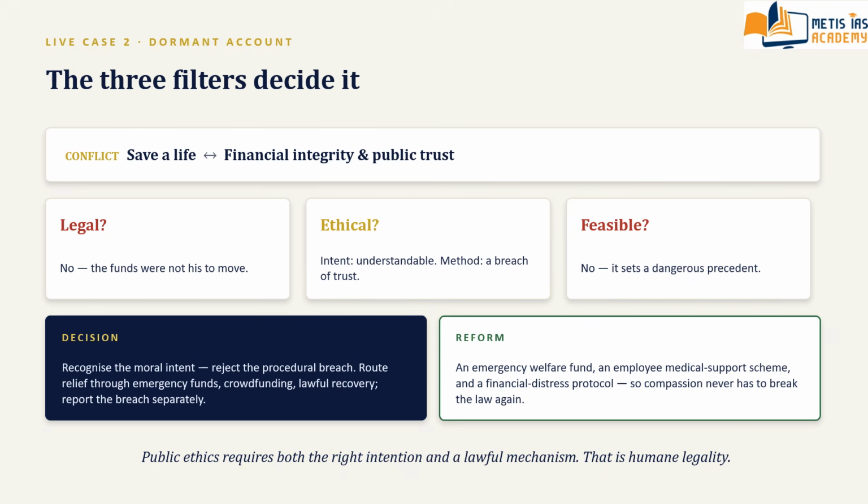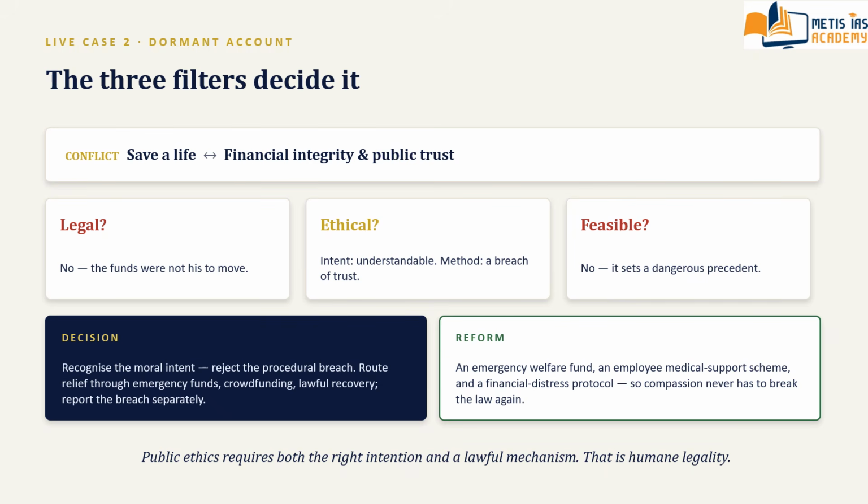For institutional reforms, the purpose is an emergency welfare fund, employee medical support, and a financial distress protocol. You have to do this. So come to the decision part: recognize the moral intent, reject the procedural breach, route relief through emergency funds or crowdfunding or lawful recovery, and report the breach separately.